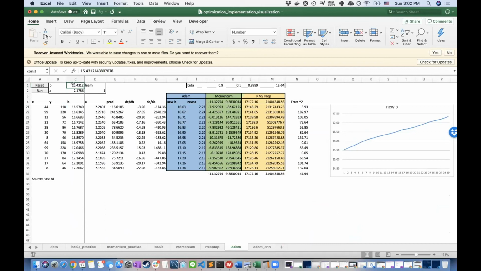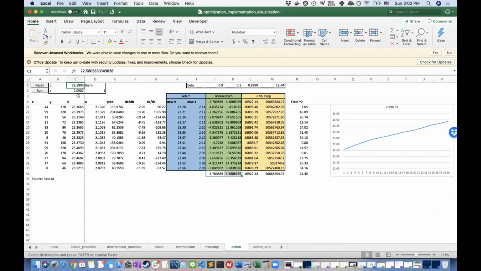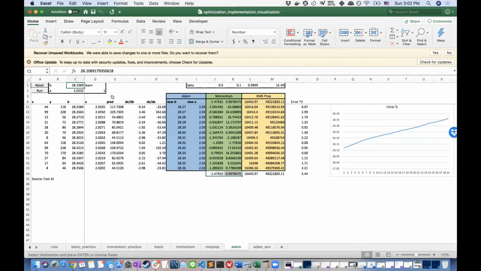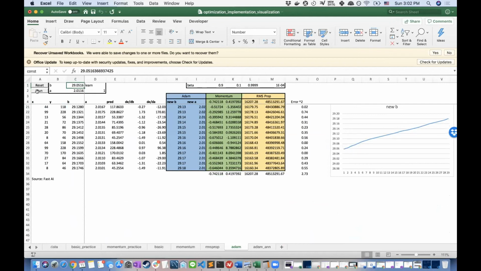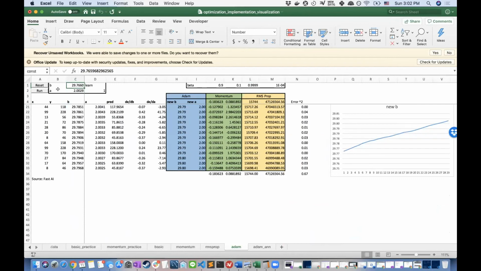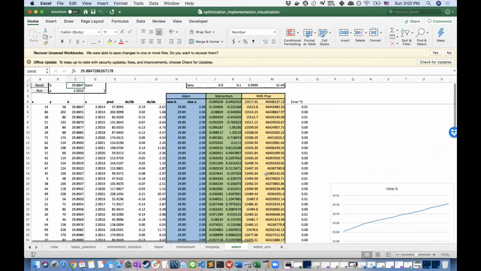It almost jumps to 15 already after 5 epochs. Then 22, 26, 28, 29, 29.5. So after about 25 epochs, we're almost at the true value of the function.